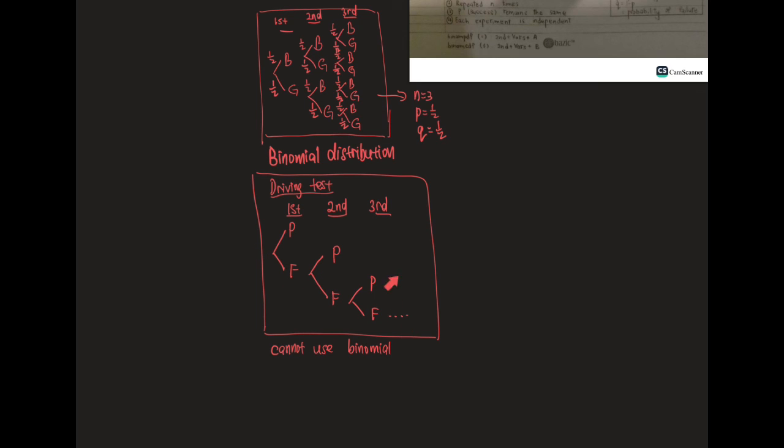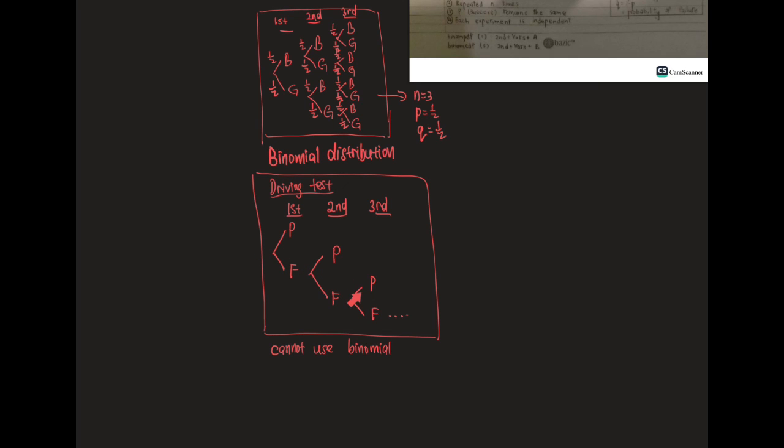Here, end of story, no need to extend anymore. So cannot use binomial. Binomial is applicable if it is extended every way. Okay, if pass cannot extend already, then cannot use binomial. Somehow the probability for you to pass each time is different.